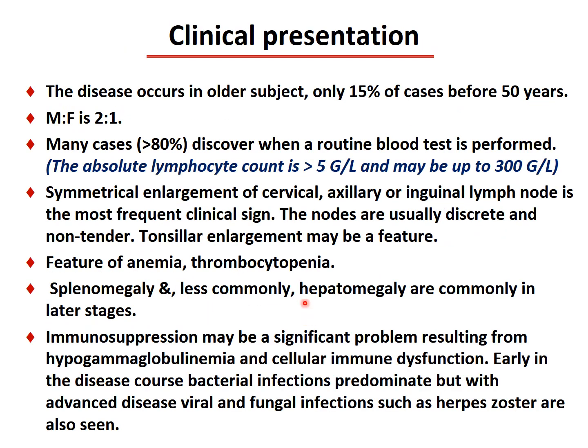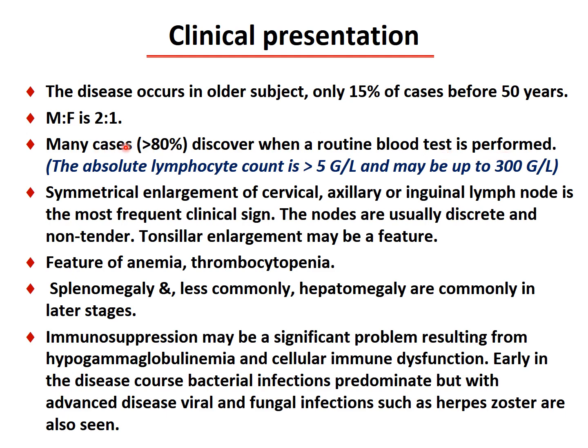Now, clinical presentation. As we mentioned, this disease occurs in late age. It is more common in males than in females, and more than 80% of the cases are discovered by a routine blood test.